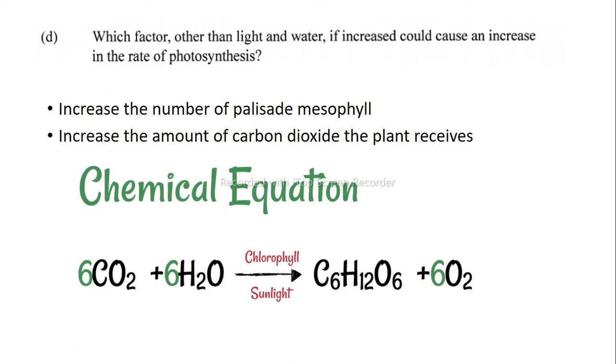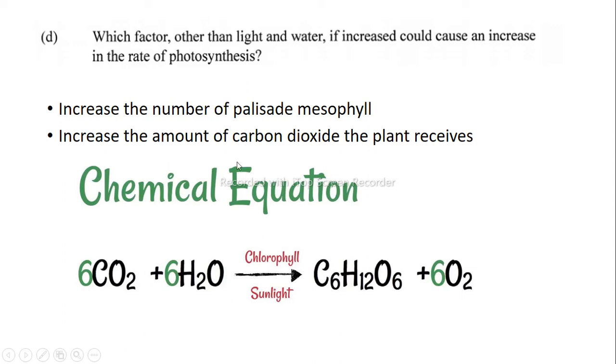It's like Kool-Aid, right? If you want to make more Kool-Aid, you need more water and more sugar. You will have less Kool-Aid if you have less sugar and less water. So similarly, for photosynthesis, if we have more water, more carbon dioxide, more sunlight, more chlorophyll, then we can make more food.